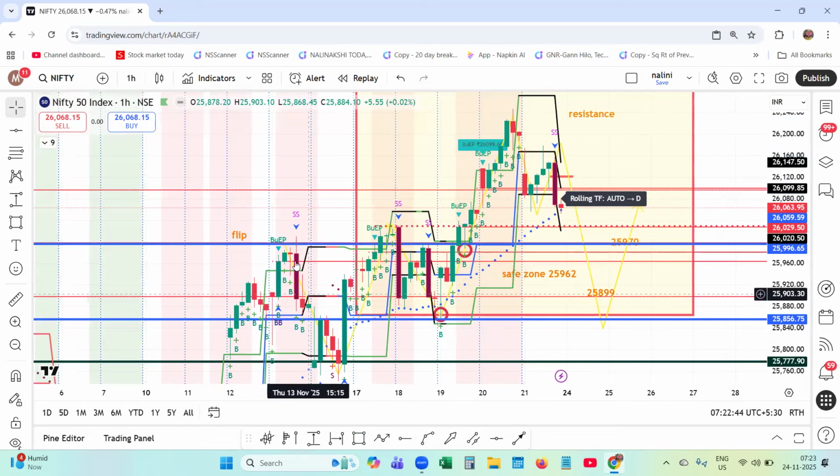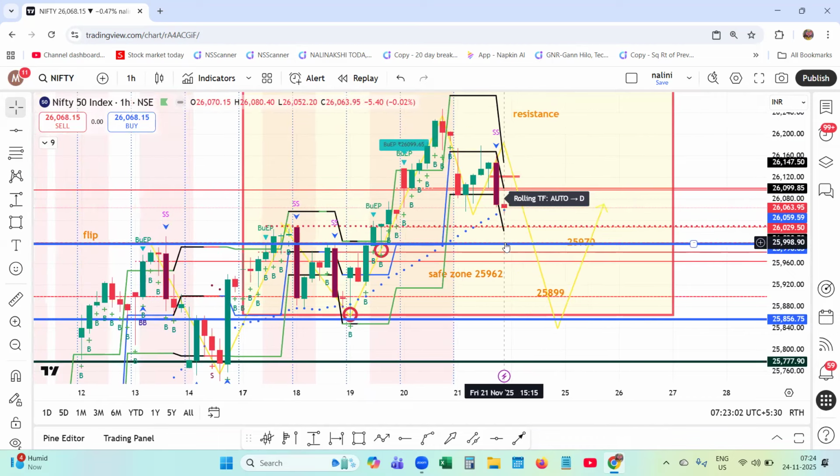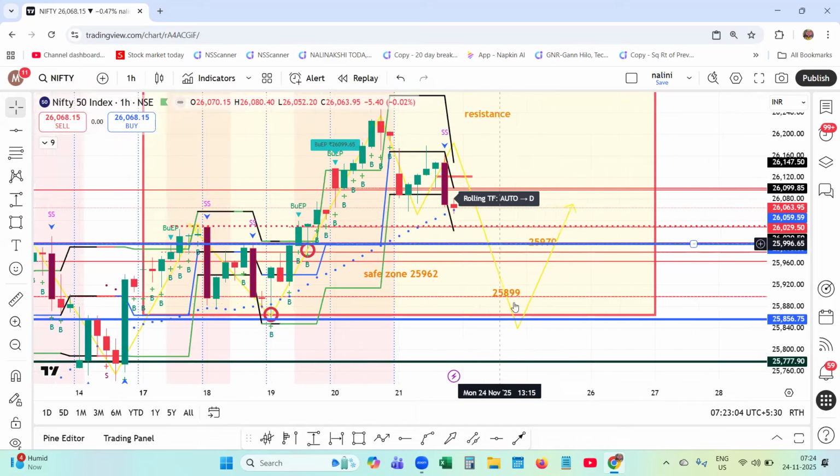The market here in this area has shown some sort of neutrality. Green too. So this is the flip area, a major level to watch out for. So these are the flip levels. Now you understood what the flip level is and how you can see the flip levels. This is the major breaker, maker level.